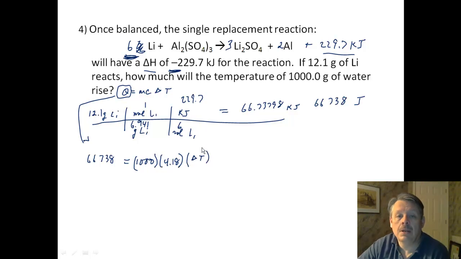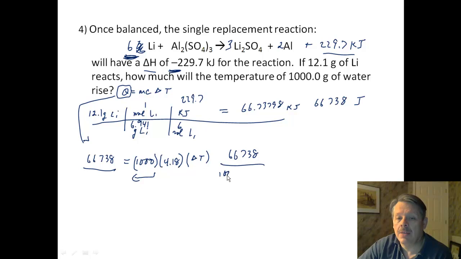All right, so this much heat will raise 1,000 grams of water a certain temperature. Well, to solve for delta T, we have to move both of these things over there and divide by them. So we get 66,738, and we're dividing by 1,000, and we're dividing by 4.18.